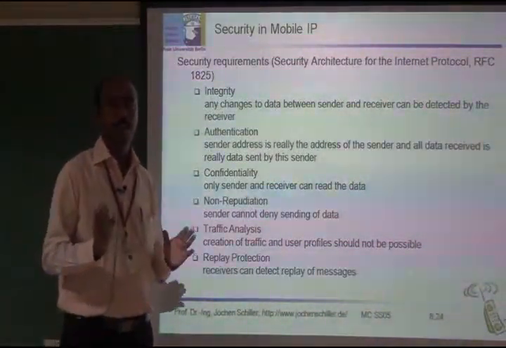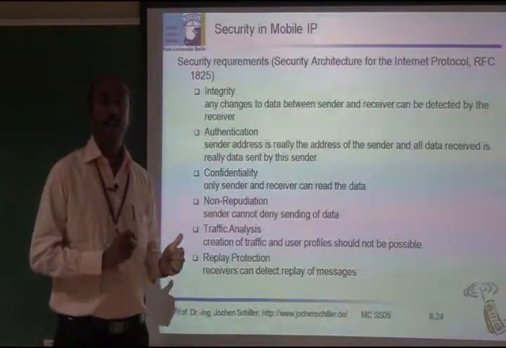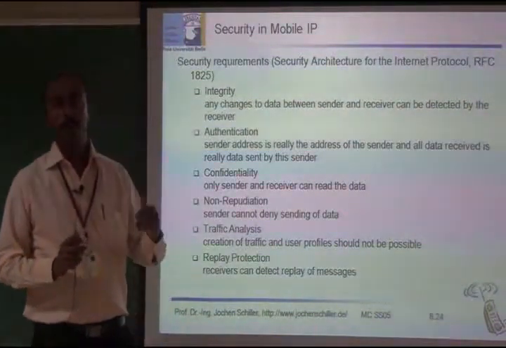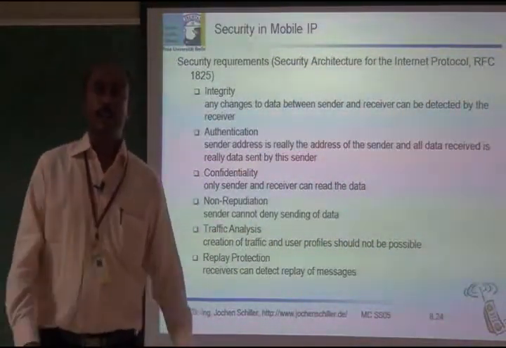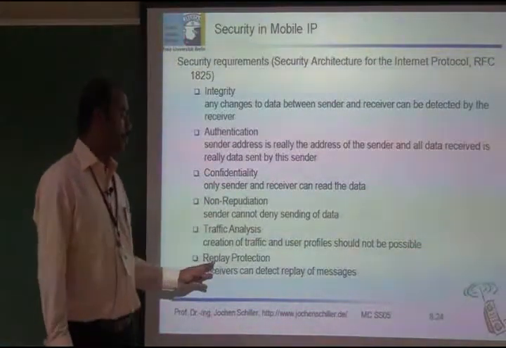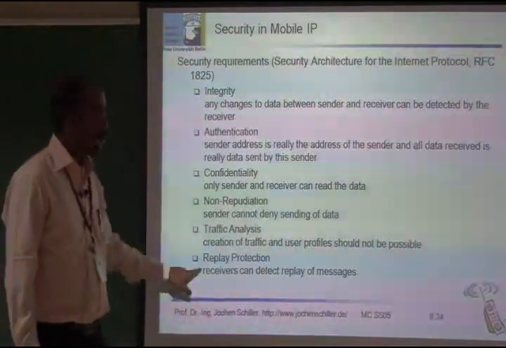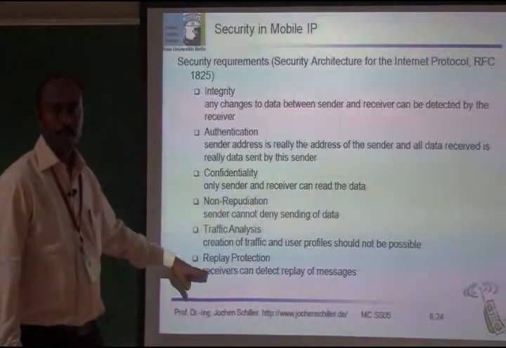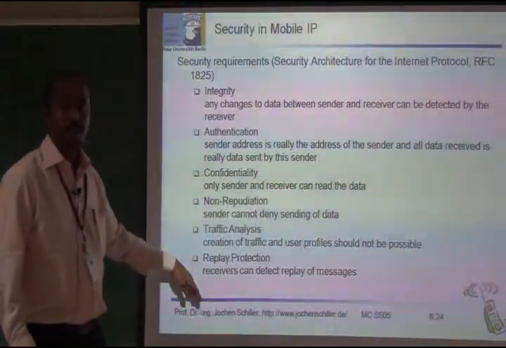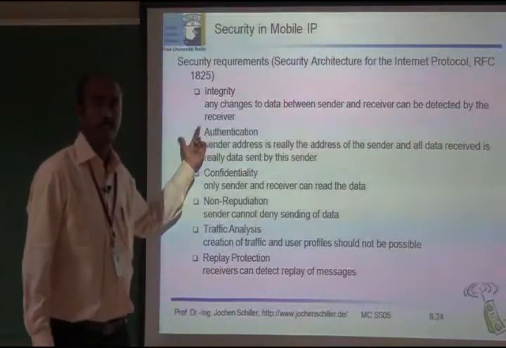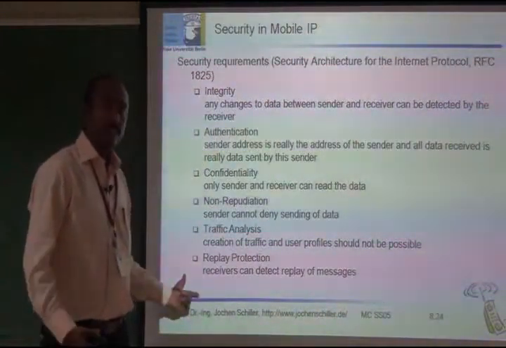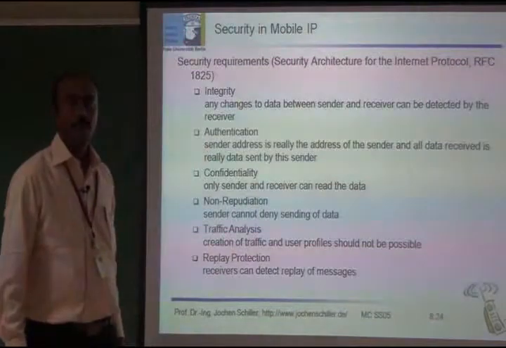So this is a crucial type of attack, and it is not known to the original sender and receiver. And for replay protection, when we provide authentication, replay protection is automatically provided, because it provides details about the sender. When authentication is provided, replay protection is provided.